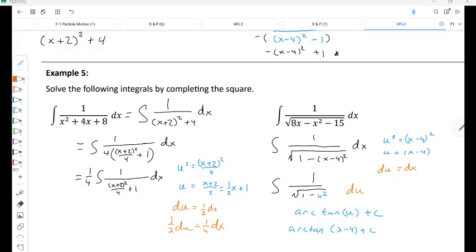Okay, so 1/2 du equals 1/4 dx. I've got the things that I need here. I can replace my 1/4 and my dx with a 1/2 and a du, which I'll do. I still have the integral. That integral is 1 over something, and that something is my u squared plus 1.